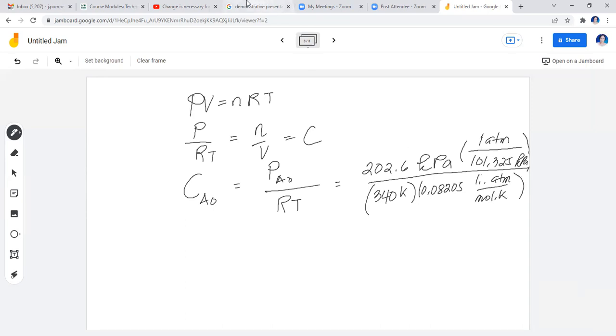Now, we'll have kilopascal cancelled, we have the atm cancelled, we have the Kelvin cancelled. So the remaining unit will be mole per liter for our initial concentration. So can you please solve for the initial concentration?